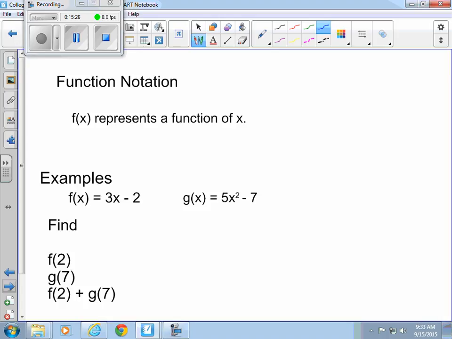So f of 2, I'm going to do 3 times 2 minus 2. So I'm going to put that 2 where the x is. But what it's giving me is that y value on the function, which is 4. 6 minus 2. So you find g of 7. Find g of 7.